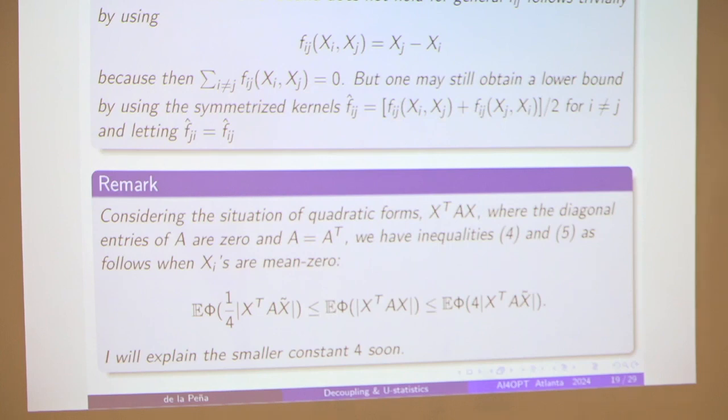Because you have a matrix A, where A is equal to A transpose, then this inequality holds. So if you specialize to the case of quadratic forms, then you get this.